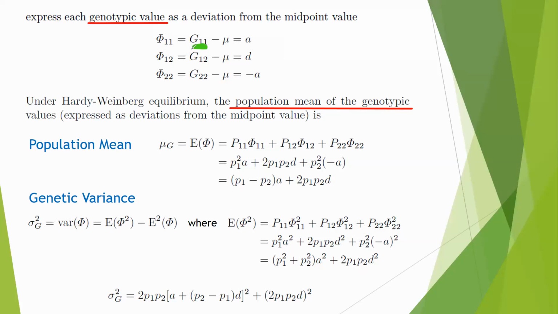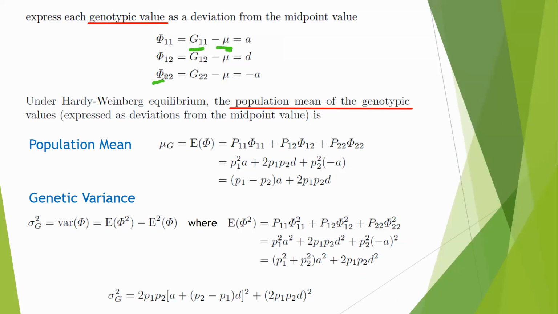And we define the genotypic value for A1A1. This is the expected phenotypic value. Now we define the genotypic value for this genotype A1A1, which is the deviation of the phenotypic value from the midpoint. So we actually calculate the difference between the phenotypic value and the midpoint.